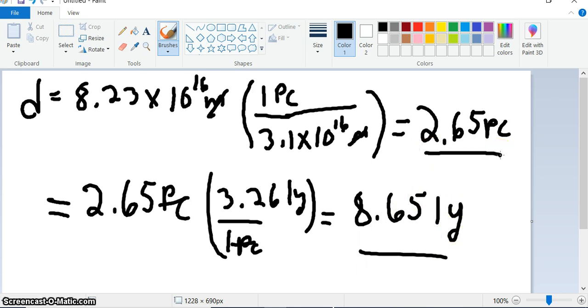Either of these answers is perfectly acceptable. I can't remember if the worksheet asks for light years. You're going to calculate this in meters first, and then convert it to parsecs. I don't think you have to change it to light years, but if you want to, you certainly can. So then answer those questions.